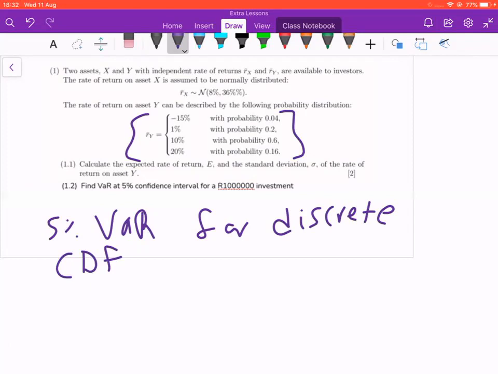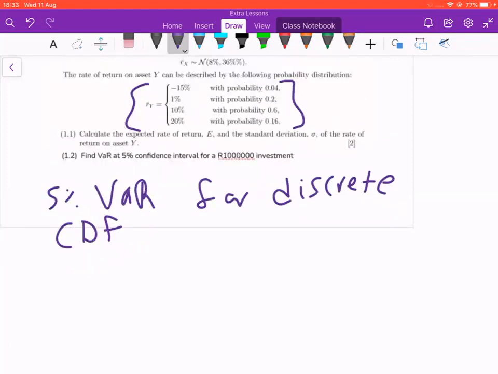It will help you solve these things faster. And try to put your returns in order. If they start from negative 15, 1, 10, mixed up, you should try to put them in order, right?